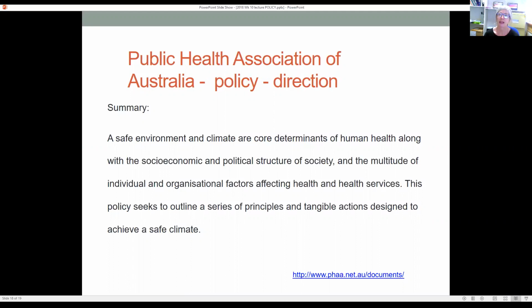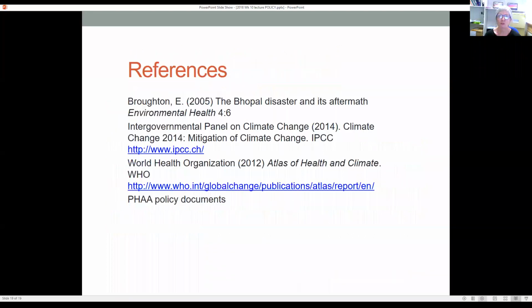And so that just means that that organisation, that's the stand that the organisation takes. So, you know, a safe environment and climate are core determinants of human health, along with socioeconomic and political structures. And they provide some action areas that can ensure a safer climate. And so that's another level or direction of policy. So that's a brief whirlwind tour of policy.